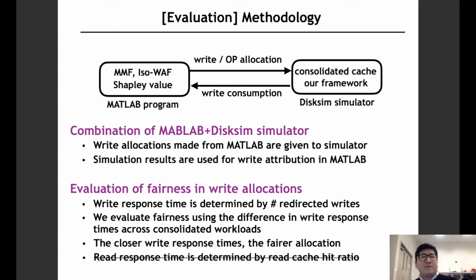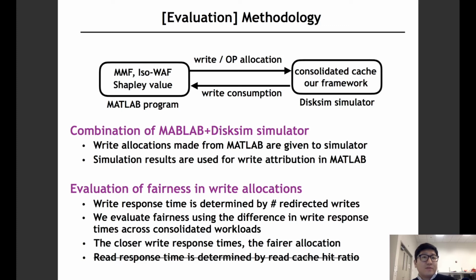We need to evaluate the fairness in write allocations. In our framework, the write response time of a workload is determined by the number of redirected writes. Motivated by this, we evaluate the fairness using the difference in write response times across consolidated workloads.